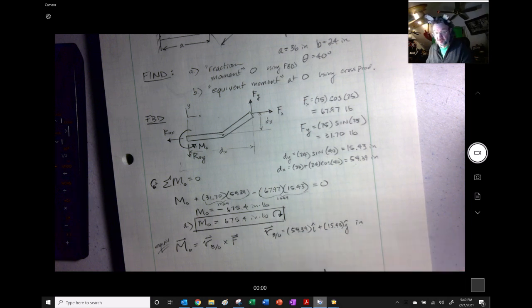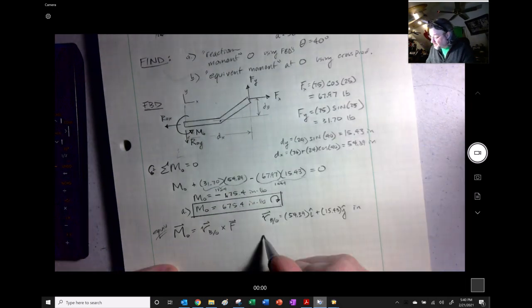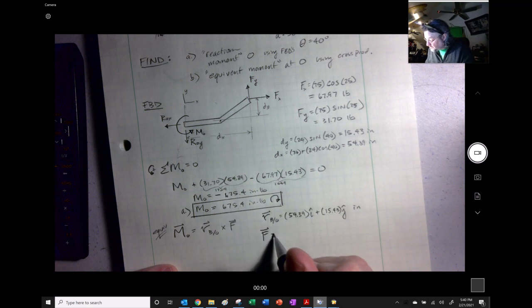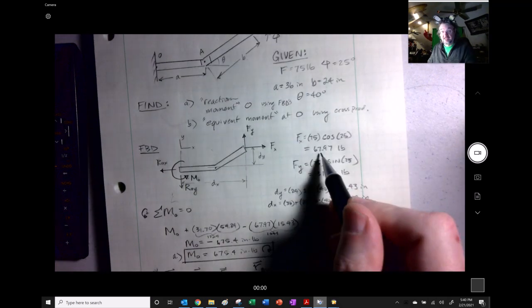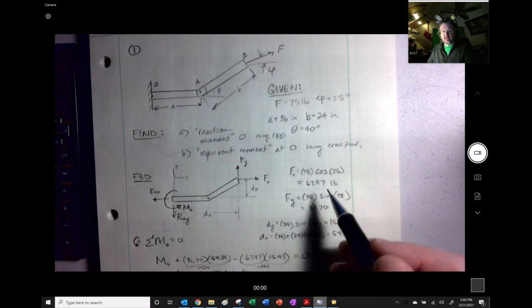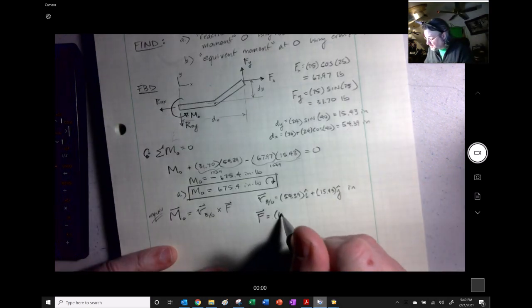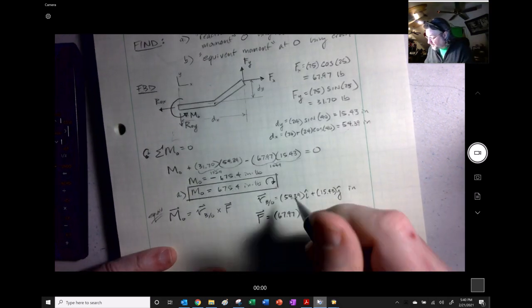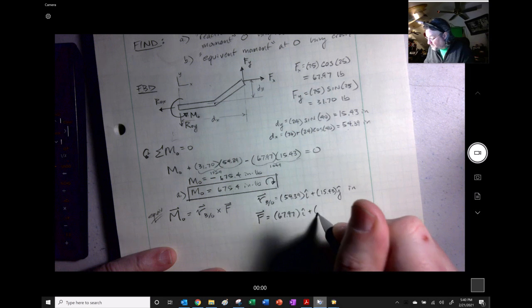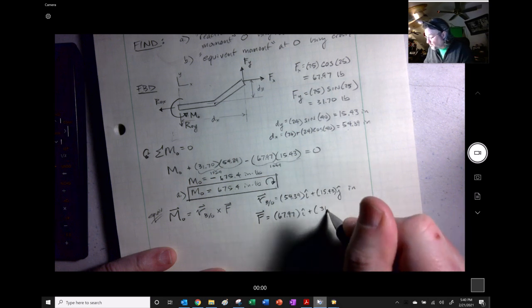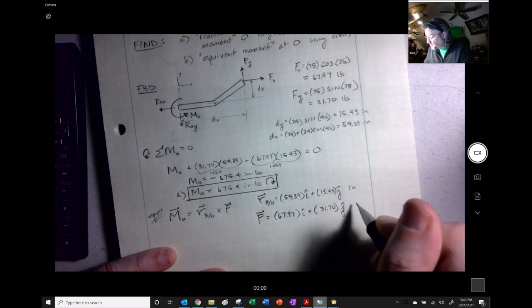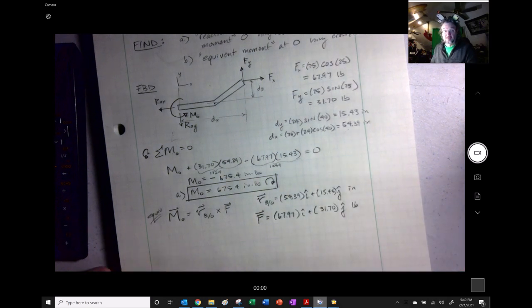And these are inches. Now the force, I already broke it down: 67.97 i plus 31.70 j, and these are pounds.